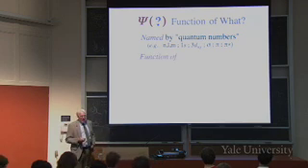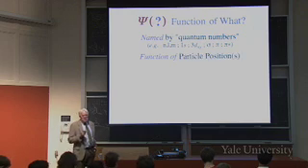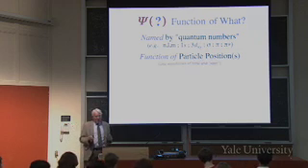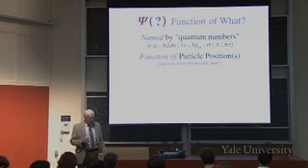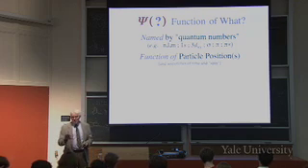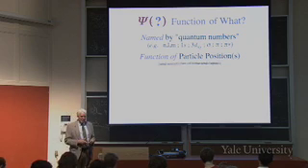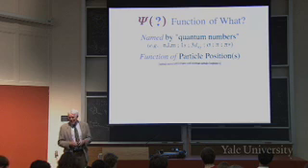What it's a function of is the position of a particle or a set of particles. It's a function of position, and it's also a function of time, and sometimes of spin. Some particles have spin, and it can be a function of that too. But you'll be happy to know that for purposes of this course, we're not so interested in time and spin.